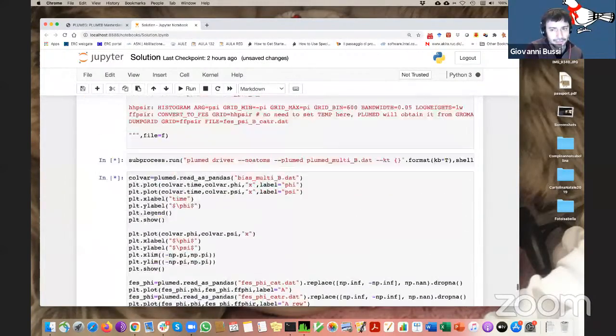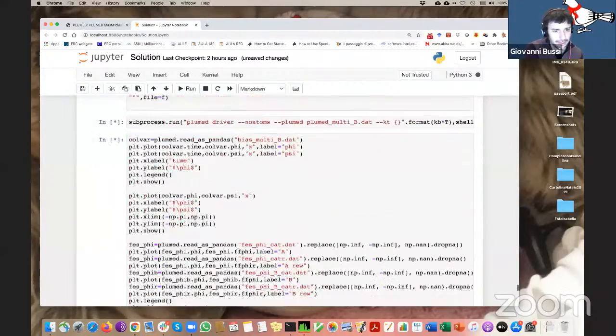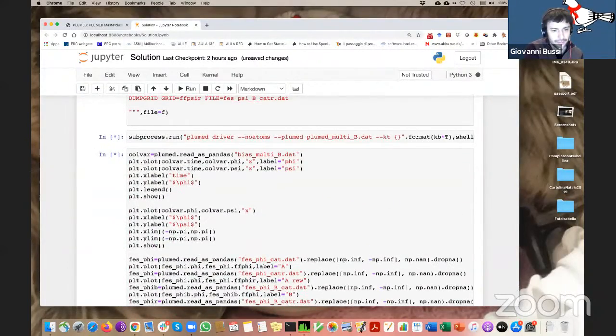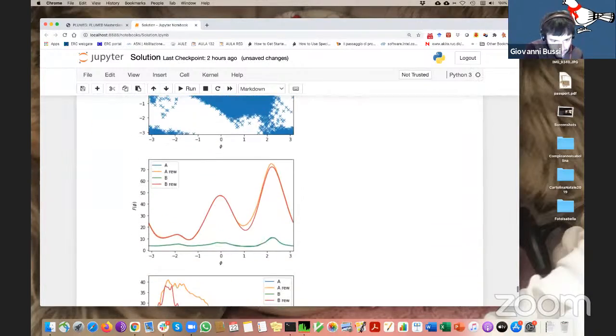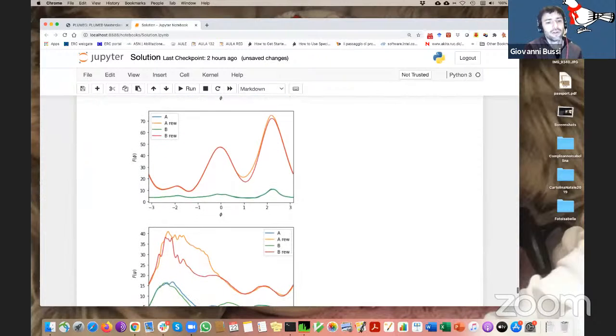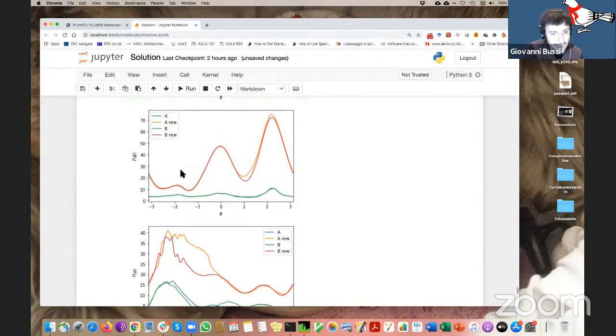And let's wait for the plot to come out. So PLUMED is just doing the plot. Okay, great, here it is. So now in this graph, I'm putting in blue the free energy as a function of phi from the previous exercise, from exercise number 4.